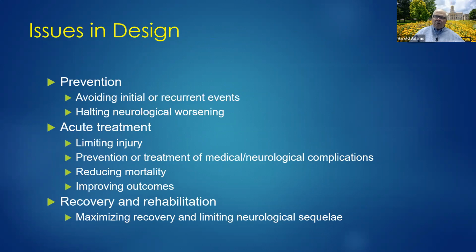There are acute treatment studies that would be more commonly given in something like stroke, where you're limiting the primary injury or preventing or treating complications such as brain edema or hydrocephalus. You can do recovery or rehabilitation studies, which are going to look at ways to limit the neurological sequelae of the neurological illness, or that may help maximize recovery from the event. Next slide.